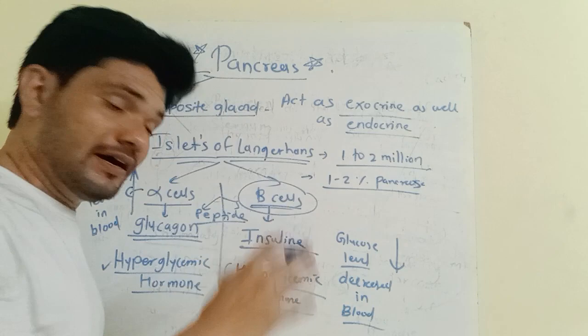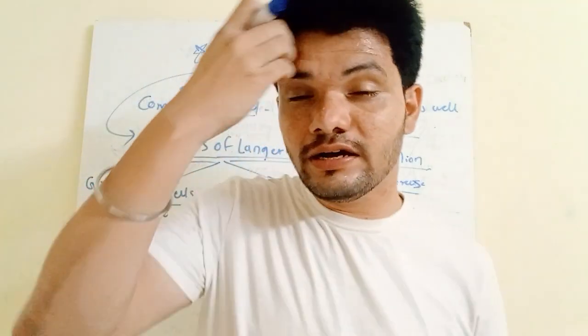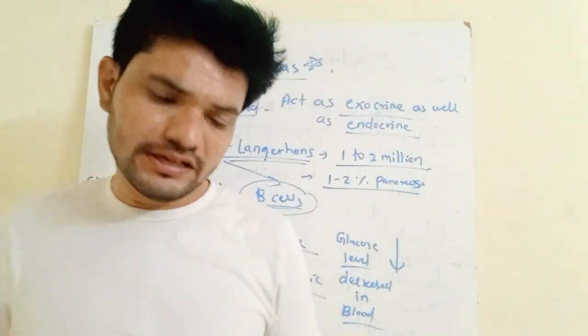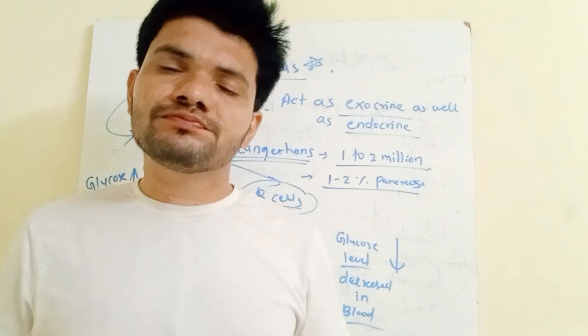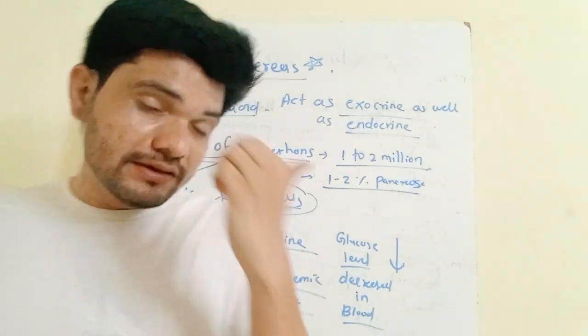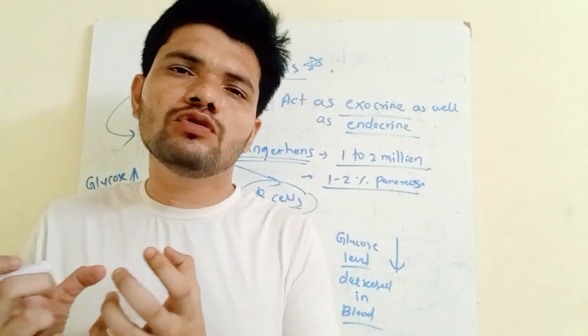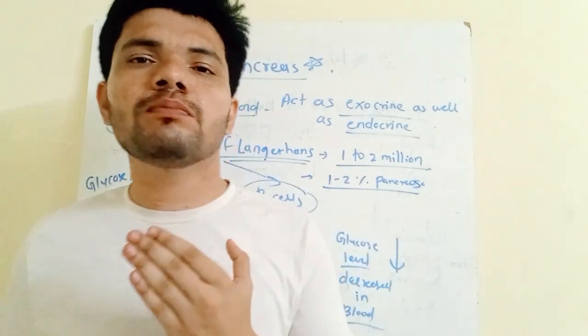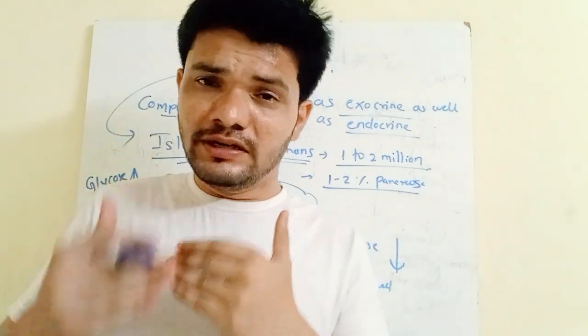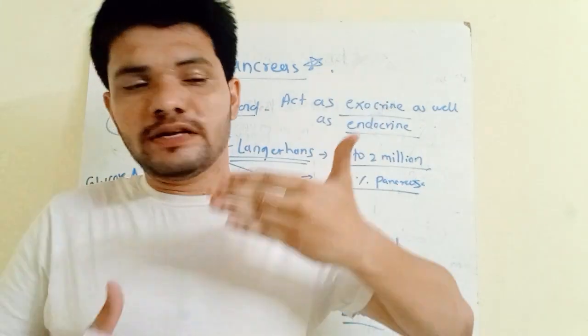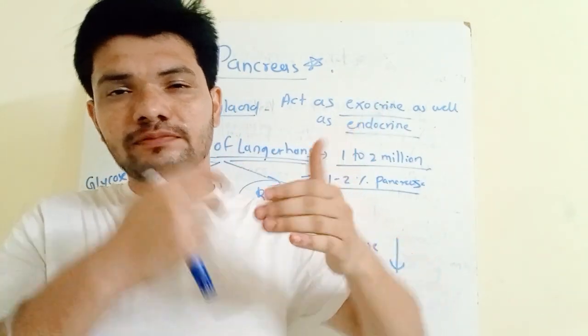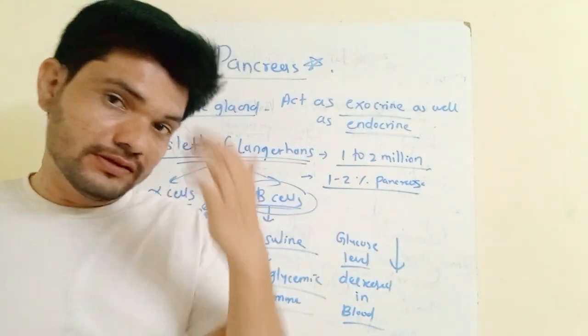So it will act on the adipose tissue and the hepatocytes, meaning liver cells, and it will stimulate the uptake of glucose, so that glucose moves from the blood to the adipose tissue. Adipose tissue is the tissue present under your skin, which contains fat cells, right?